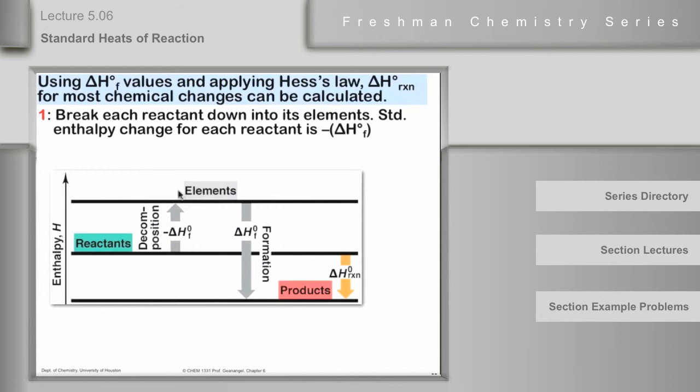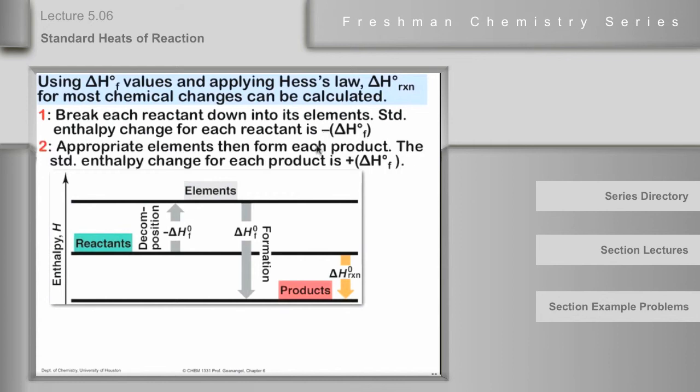Instead of going from elements forming the compounds, we're going from the compounds to the component elements. So for each one of these, the length of the arrow for it is minus delta H of formation. Minus because we're decomposing the reactant rather than forming the reactant. So the standard enthalpy change for each reactant is minus delta H of its formation. The minus is because we're breaking it down.